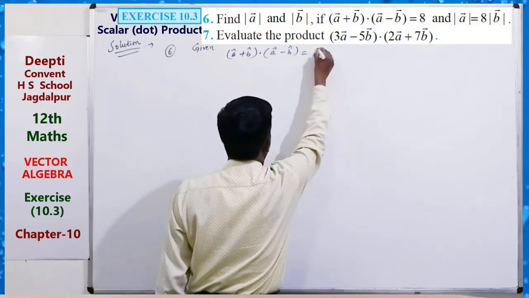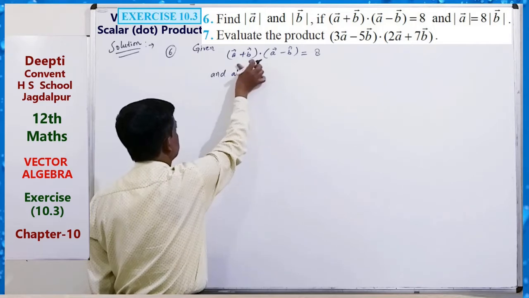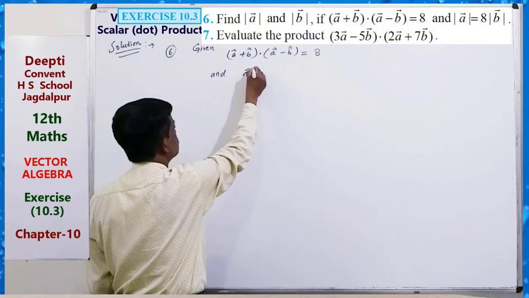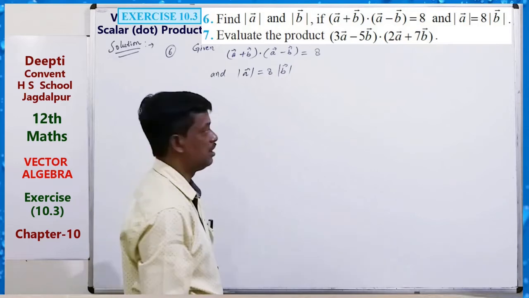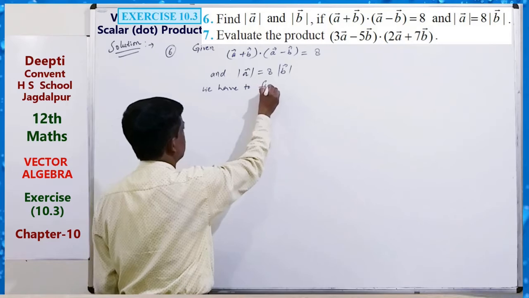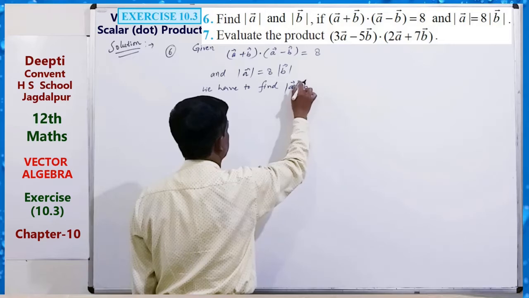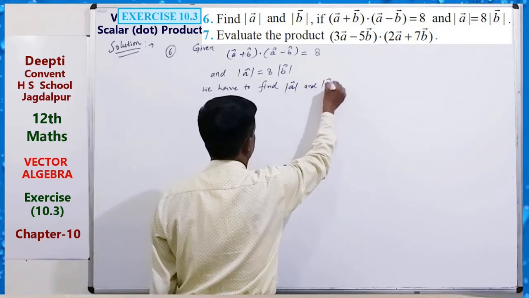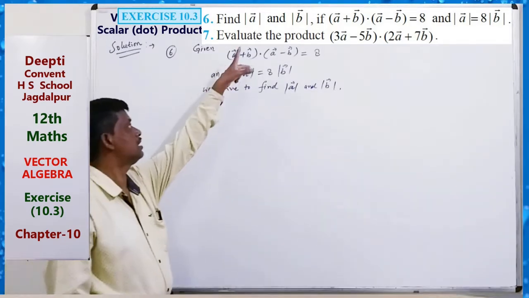And the given value is mod A equals 8 times mod B. These are given, and we have to find mod A and mod B. It is a very simple question.